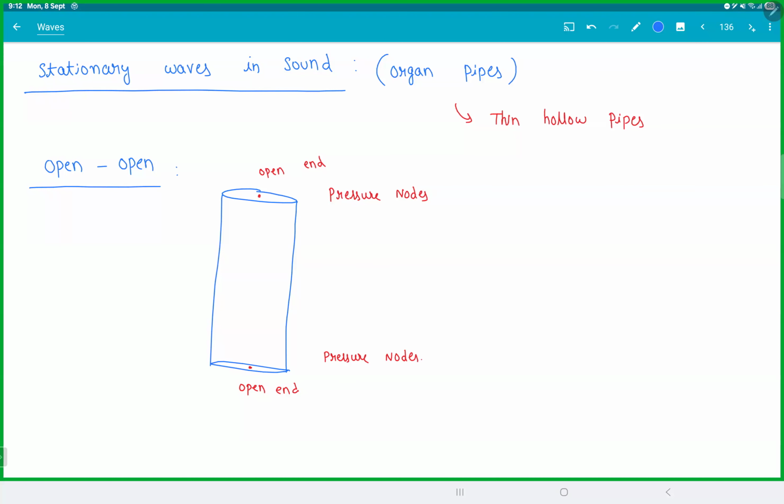In waves on a string, that property was displacement. So here at open ends, the pressure does not change. Why? Because they're exposed to the atmosphere. If you want to change the pressure there, you have to change the whole atmospheric pressure. Therefore, these are pressure nodes.